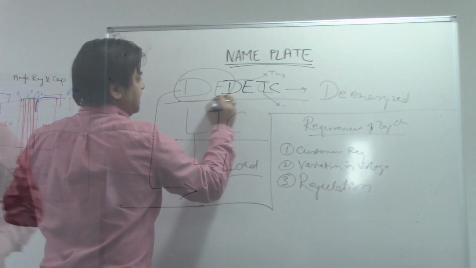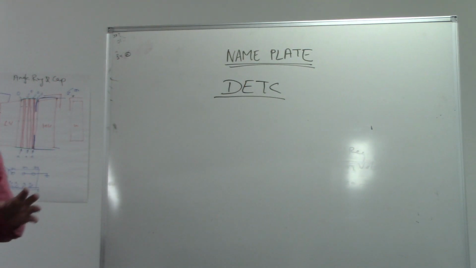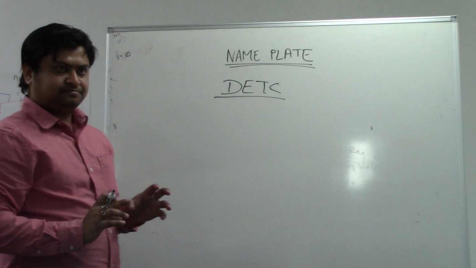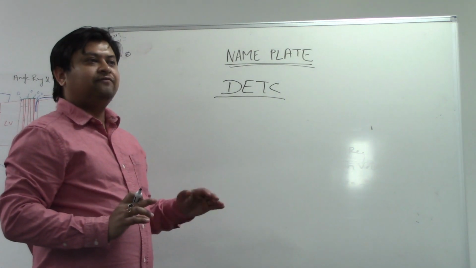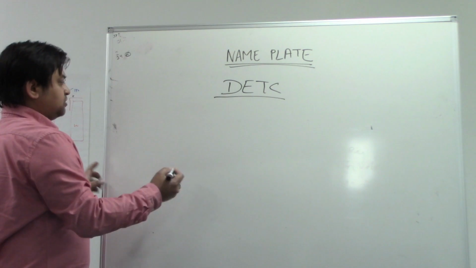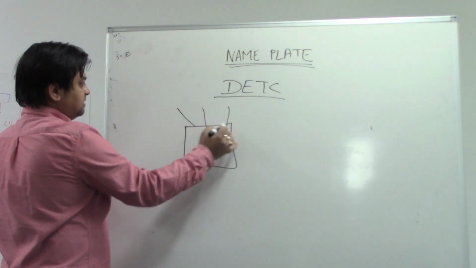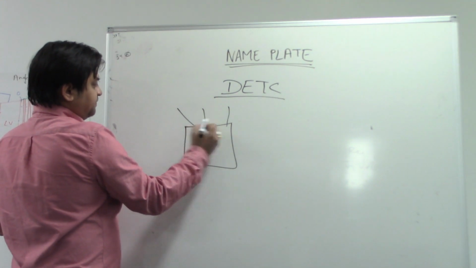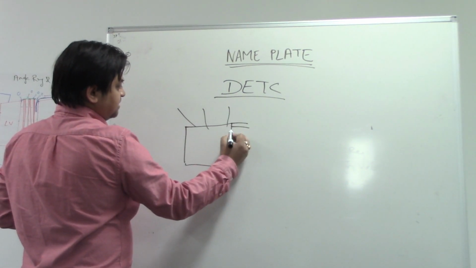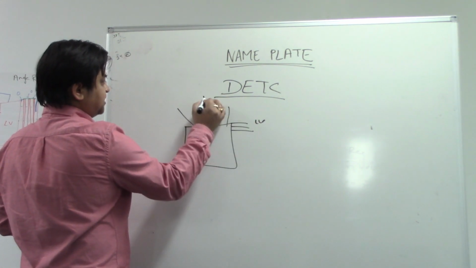Okay. De-energized tap changers are the tap changers which you can operate only when the transformer is de-energized. So let's assume the transformer is in service, in the field, right? And you have, let's say, this is LV, this is HV, right?